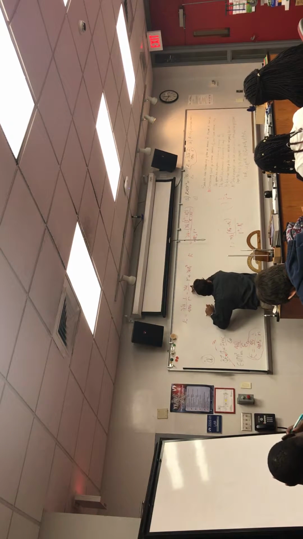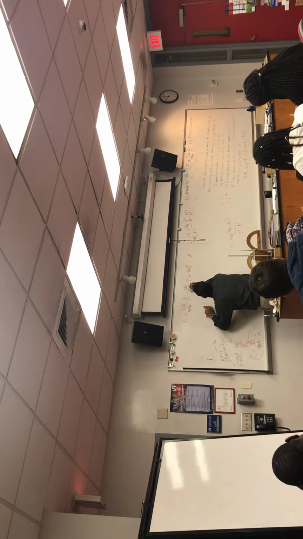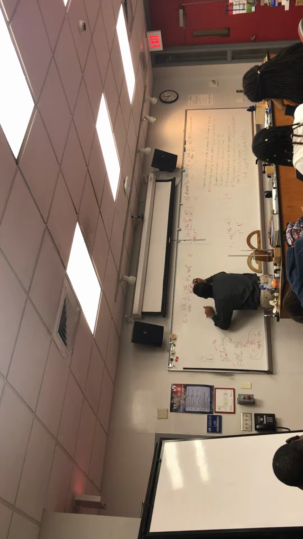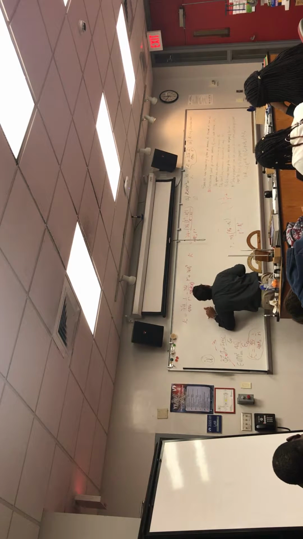Let's put this properly here. This is r3 to the third minus r2 to the third. Is that right? And don't forget the 4 pi. Yes, 4 pi epsilon 0 r3 to the third minus r2 to the third. Right?